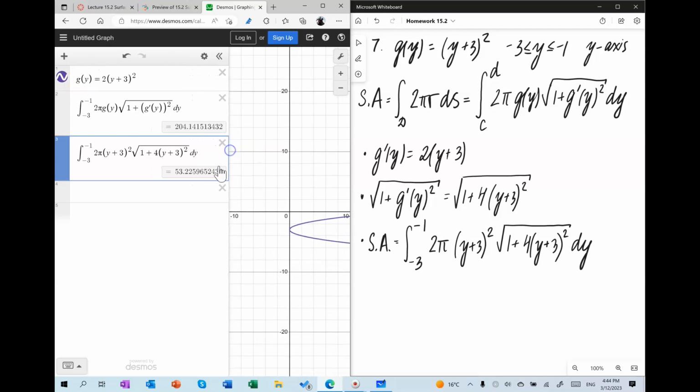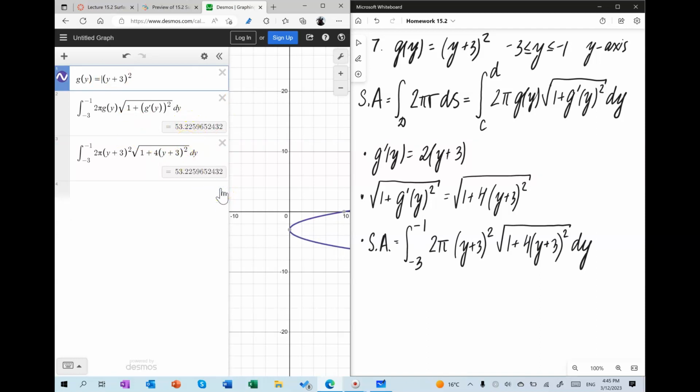I thought it would be the same. I think I forgot the, well, g of y doesn't have a 2 over here to start with. And now we have the same exact answer.